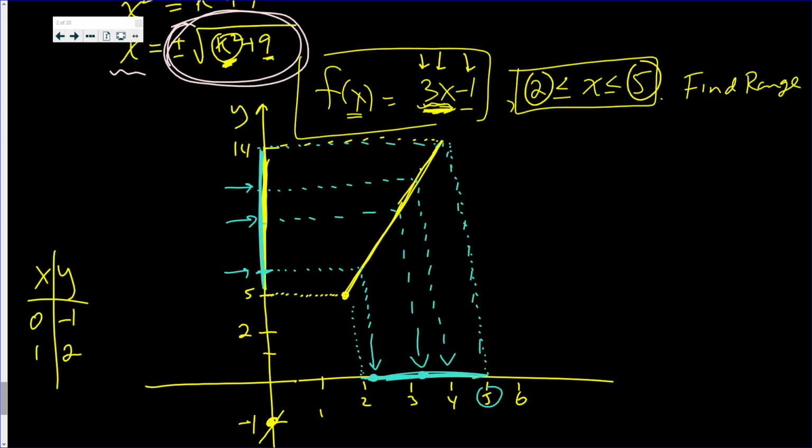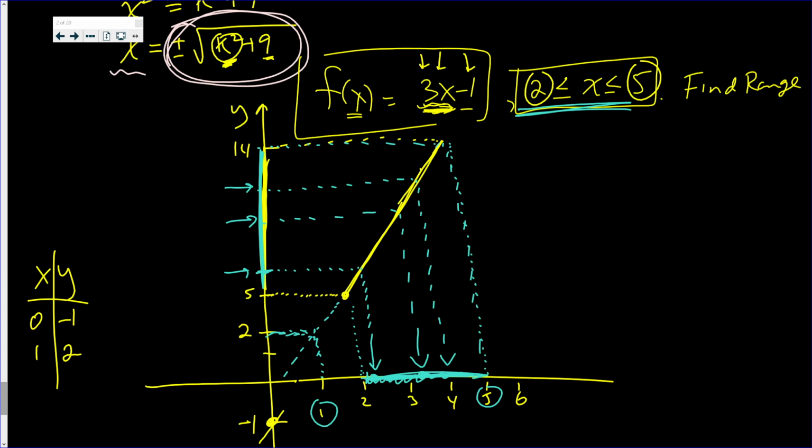Okay, I cannot get 2, because I didn't even hit the graph. I mean, you can say, well, the graph goes like this. First of all, it doesn't. It's only defined there, but even if you did, that's not in the domain.